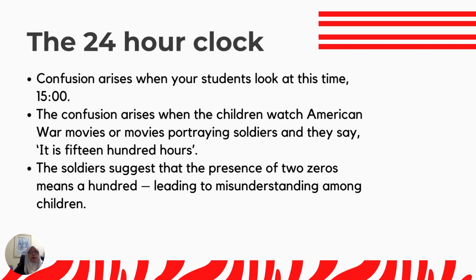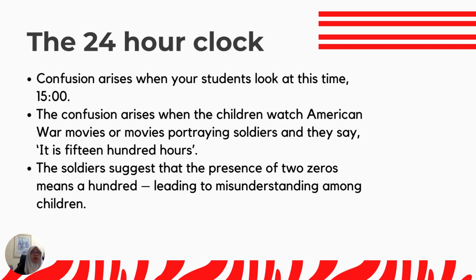It is confusing when children watch American war movies or American movies where they have soldiers. The soldiers will say, let's say we have 1500, they will say 1500 hours, which is quite confusing for the children.